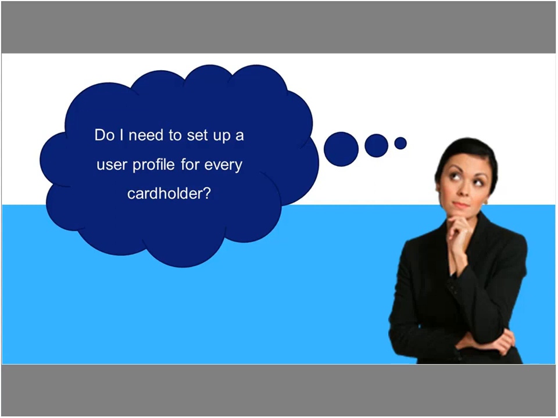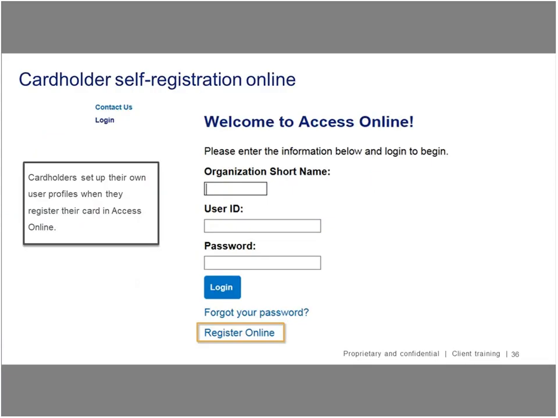Okay, so now, a precursor of Wendy's question and talking about Chloe's question at the beginning. You may be wondering if you need to set up user profiles for cardholders, and the good news is that you do not. Cardholders have a self-registration process. They'll need the organization short name, and then they'll need their card.